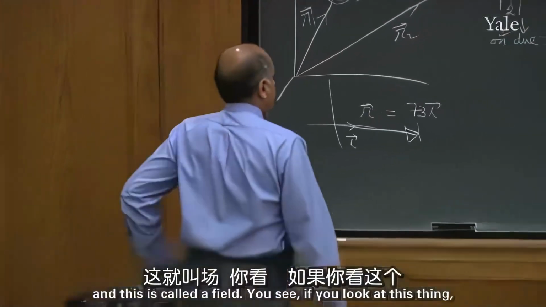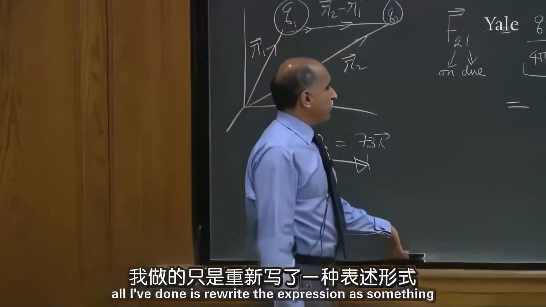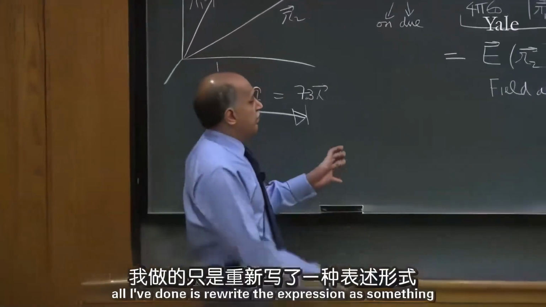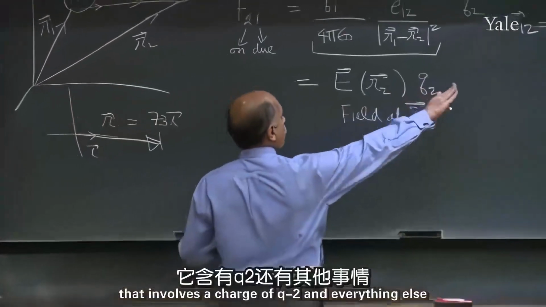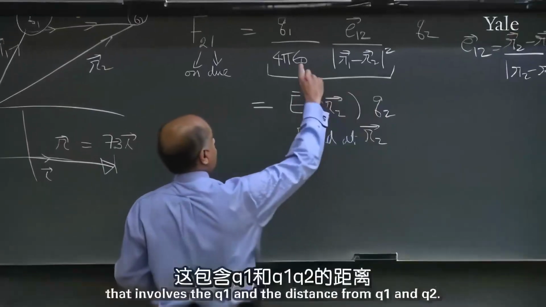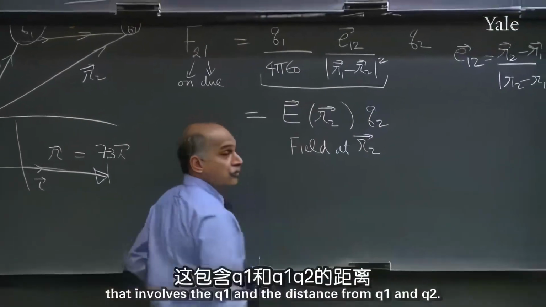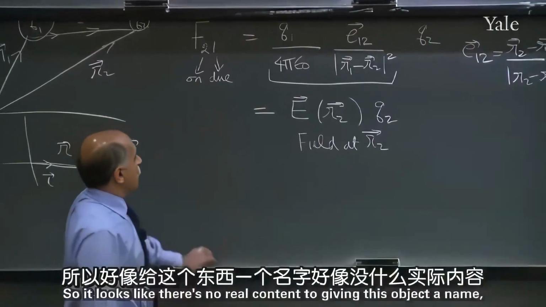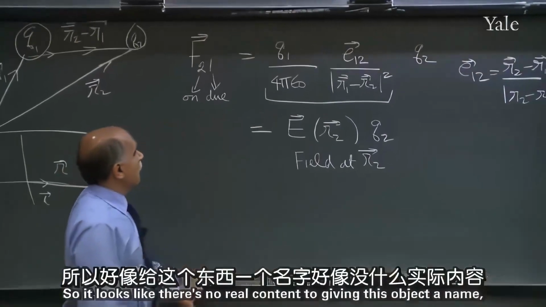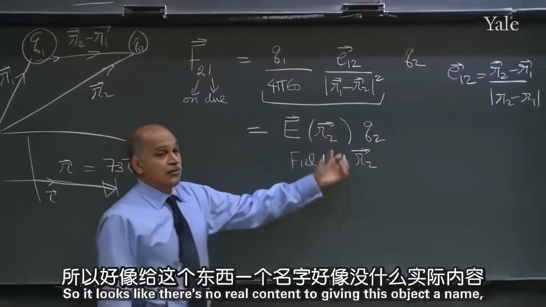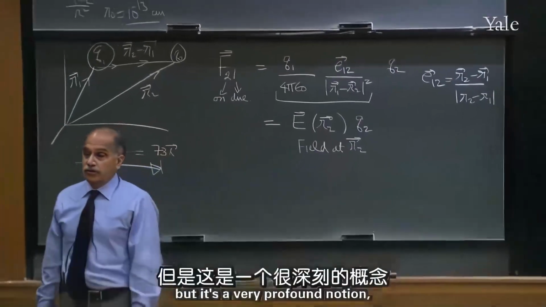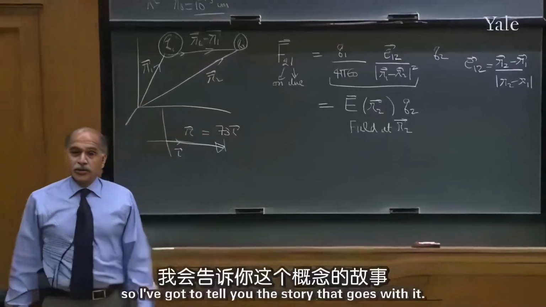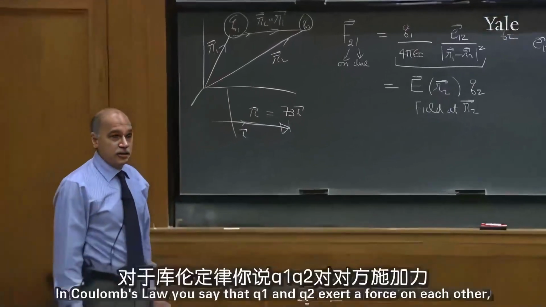You see, if you look at this thing, all I've done is rewrite the expression as something that involves a charge of Q2 and everything else that involves Q1 and the distance between Q1 and Q2. So it looks like there's no real content to giving this object a name, but it's a very profound notion. So I have to tell you the story that goes with it.